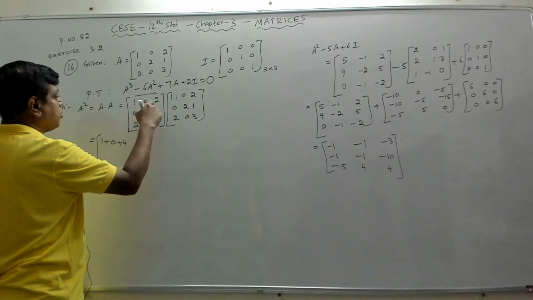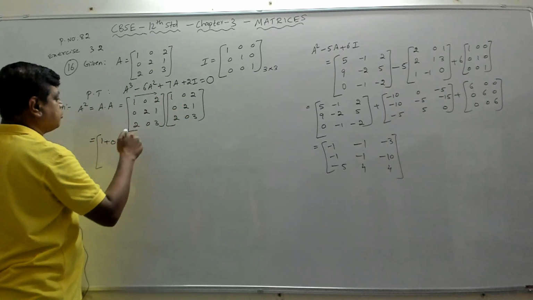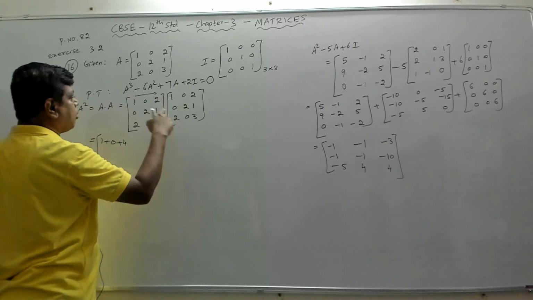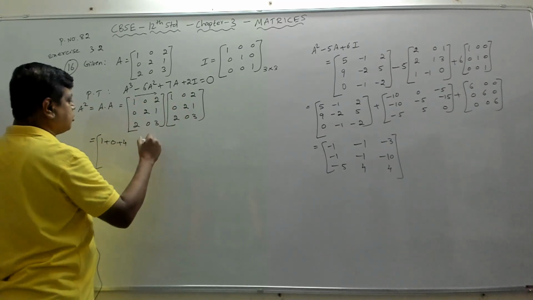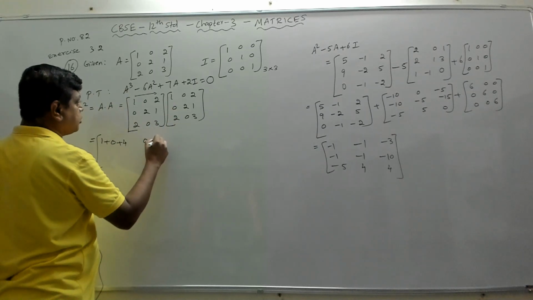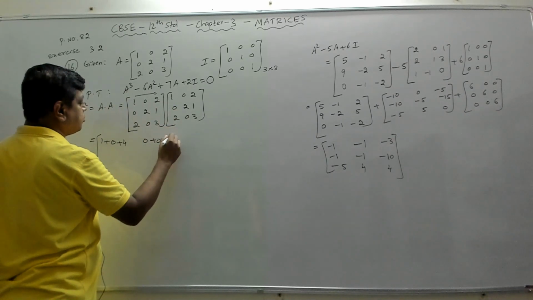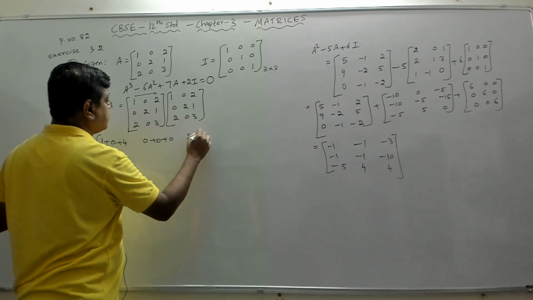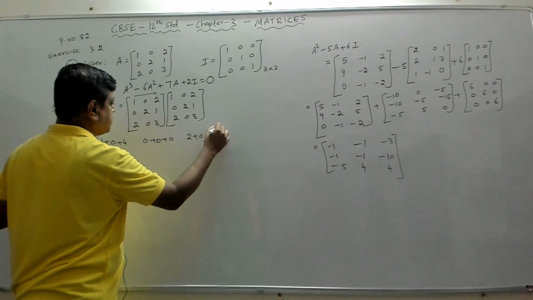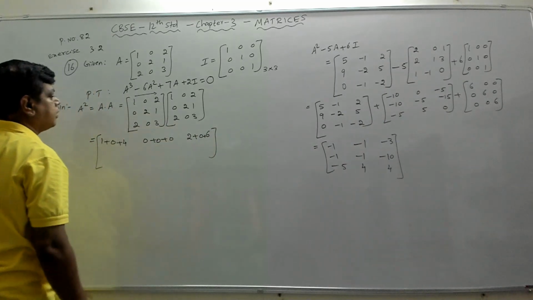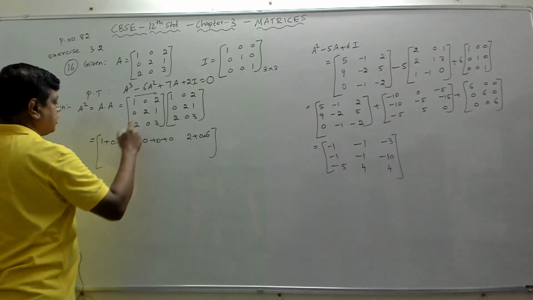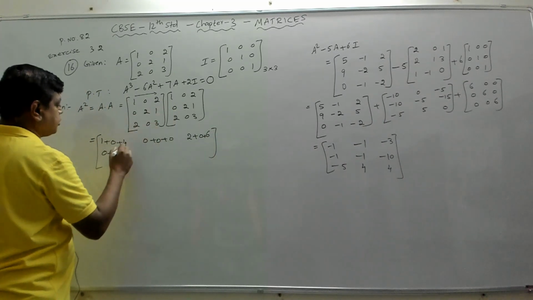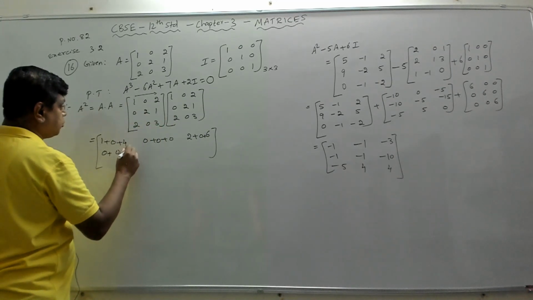Then first row with the second column: 0 into 1 is 0, 0 into 2 is 0, 2 into 0 is 0. Again 1 into 2 is 2, 0 into 1 is 0, 2 times 3 is 6. Then again 0 into 1 is 0, plus 2 into 0 is 0, 2 into 1 is 2.